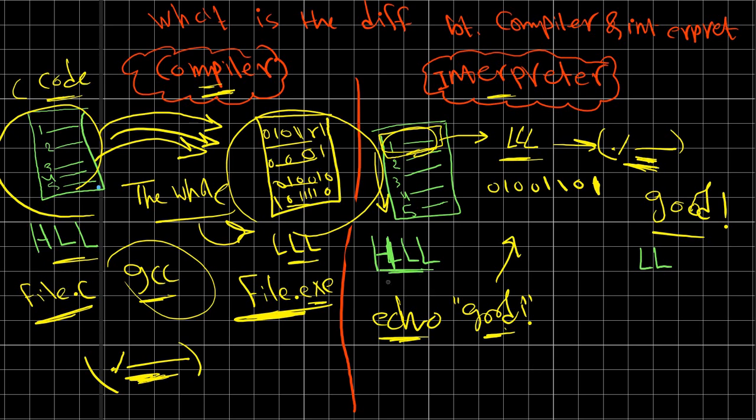So we may note some differences between both of them. If we talk about the compiler, say this code took 100 milliseconds the first time to go from the high level code to machine code to be executed. If you run it again and again, it won't take 100 milliseconds. It may take 0.1 millisecond each time you run it.